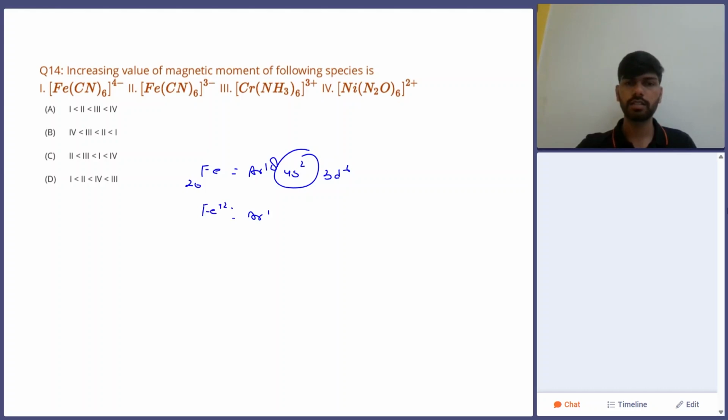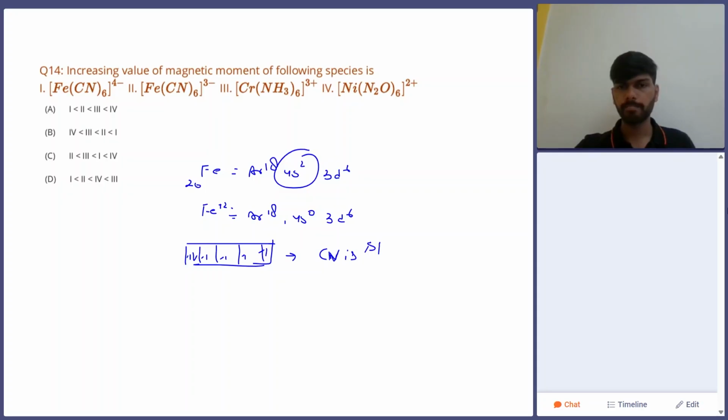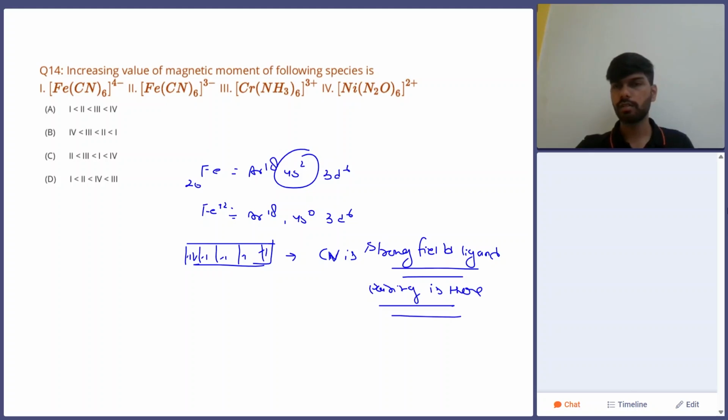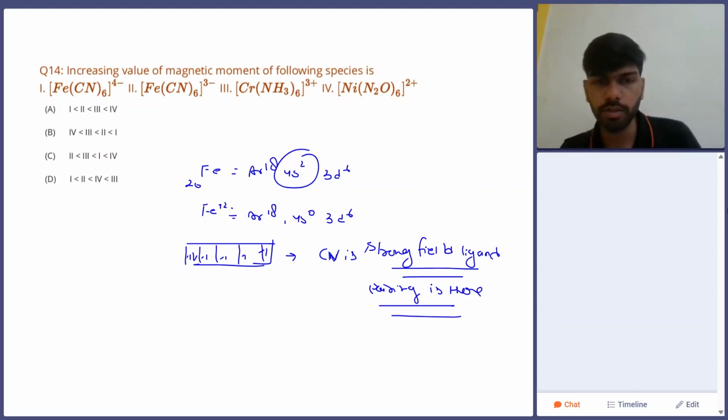If I write that, it is argon 18 4s0 3d6, and in 3d6 if we draw 1 2 3 4 5 6, CN is a strong field ligand. So due to the strong field ligand, what will happen? Pairing will be there. So this will jump here, so there will be no unpaired electron.